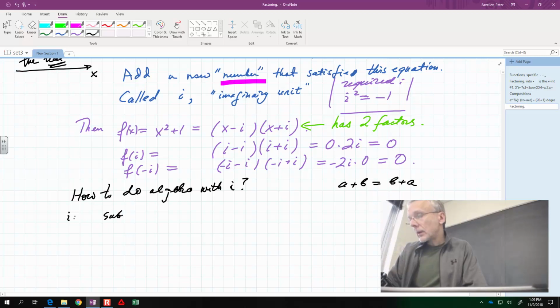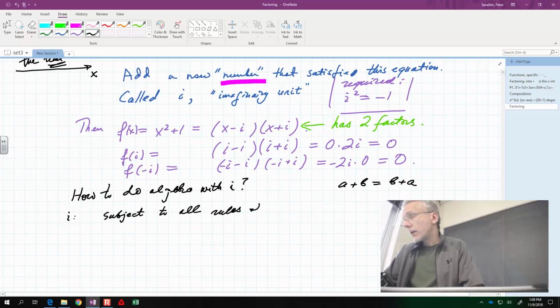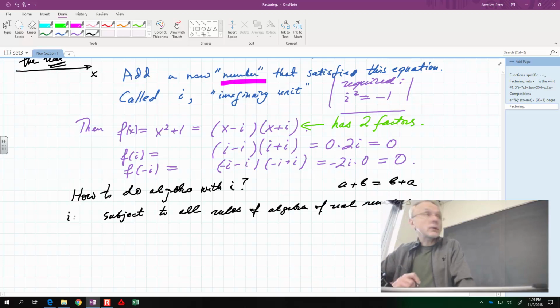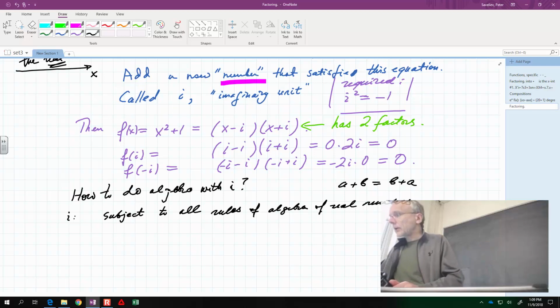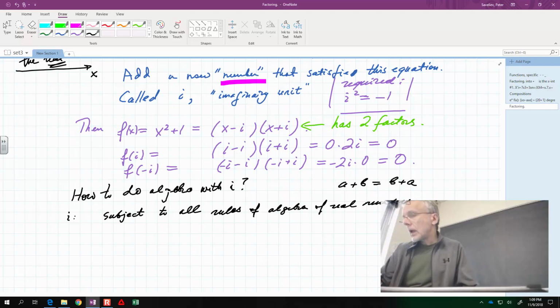It's subject to all the rules of algebra of real numbers. So anything you can do with real numbers, you can do with this number to begin with.